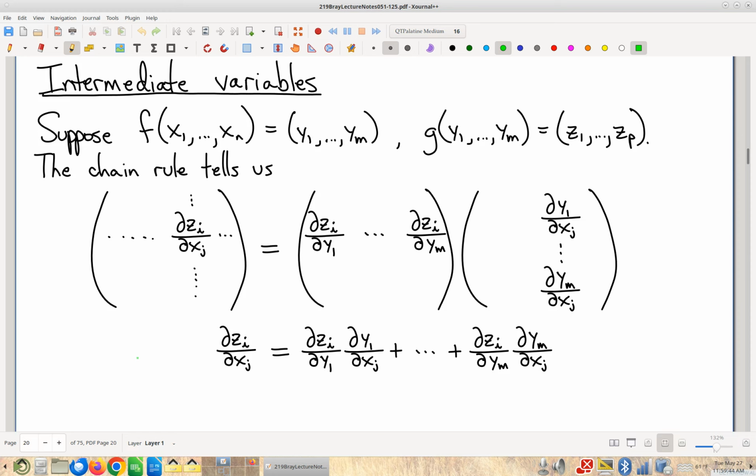And I call it an intermediate variable because it's not one of the initial inputs, and it's not one of the eventual final outputs. It's the one in the middle, in the intermediate stage of the composition. Okay, so every term corresponds to a path, which corresponds to an intermediate variable.